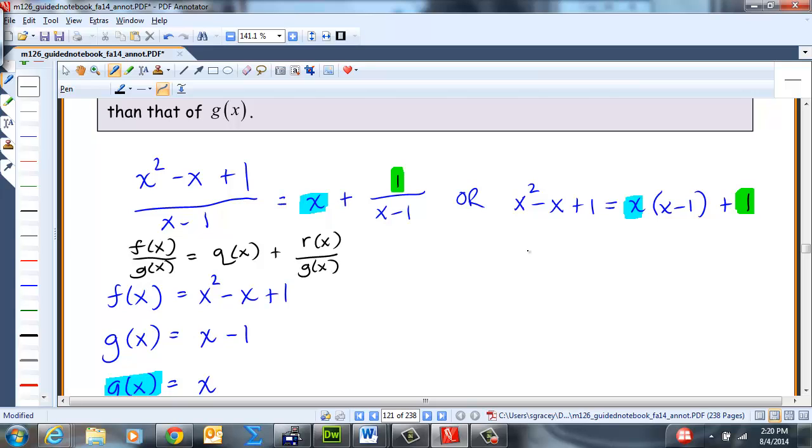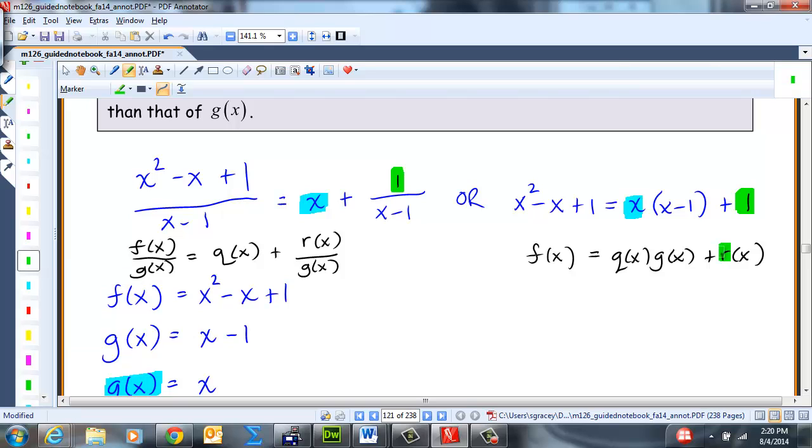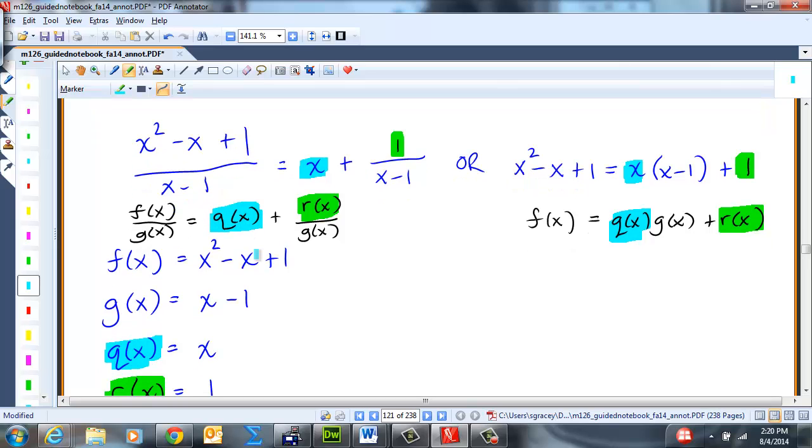This one is set up as f of x is equal to the quotient q of x times the divisor g of x plus the remainder r of x. And we had said the remainder r of x was 1, and the quotient q of x was x. Okay? Very good.